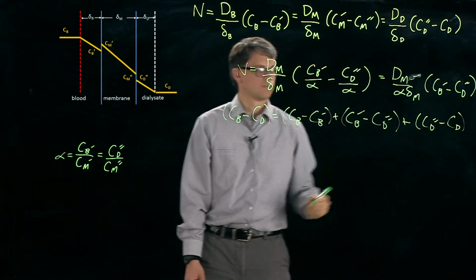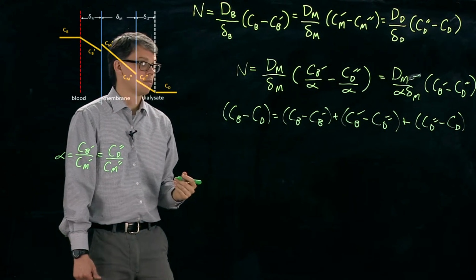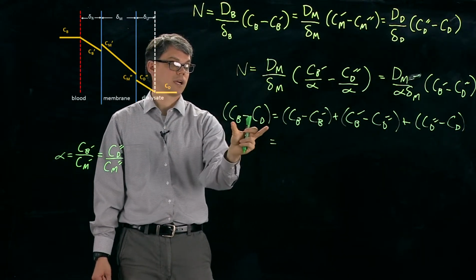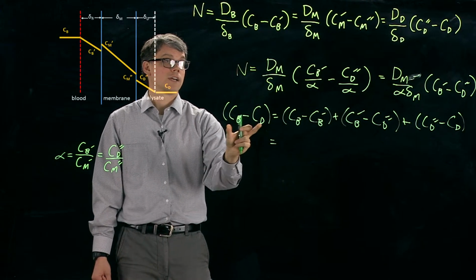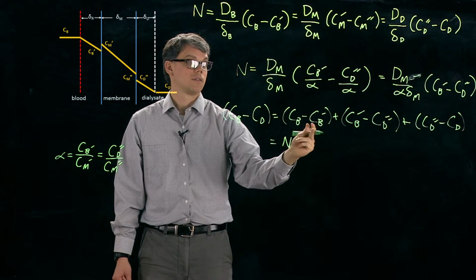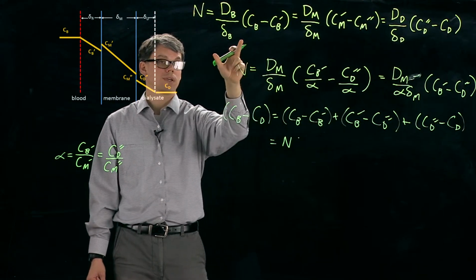So now hopefully you see that we can combine our equations in terms of a concentration difference that we can measure and the flux. So for example, this concentration difference we can get from this equation.